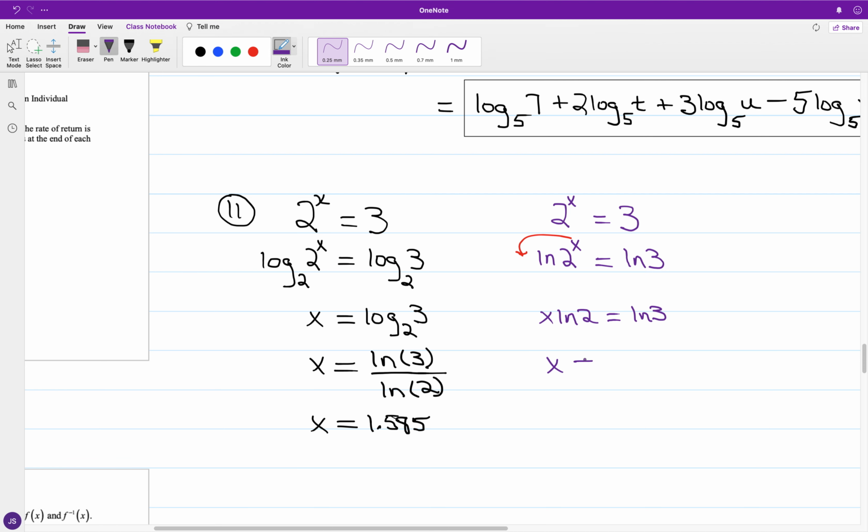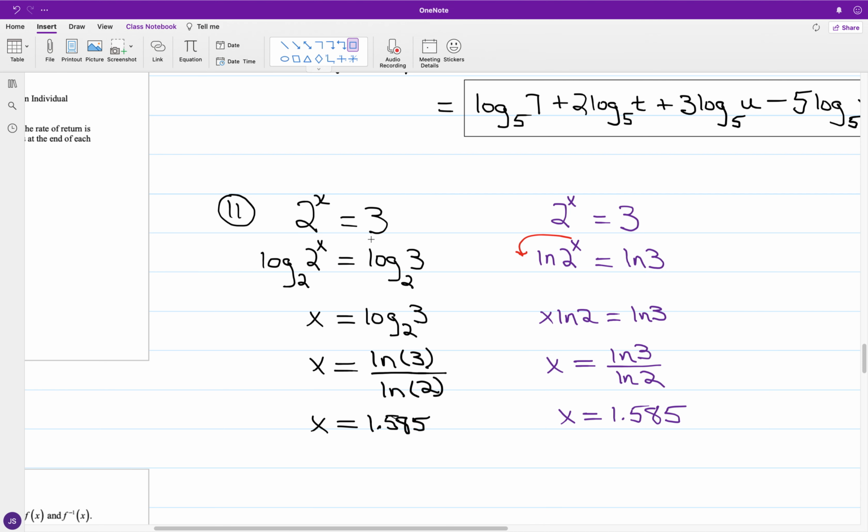And with division, this will come out to the natural logarithm of 3 all over the natural logarithm of 2. Same ratio, and you still come out to the same decimal value. And again, to the nearest 3 places, you have right at 1.585.